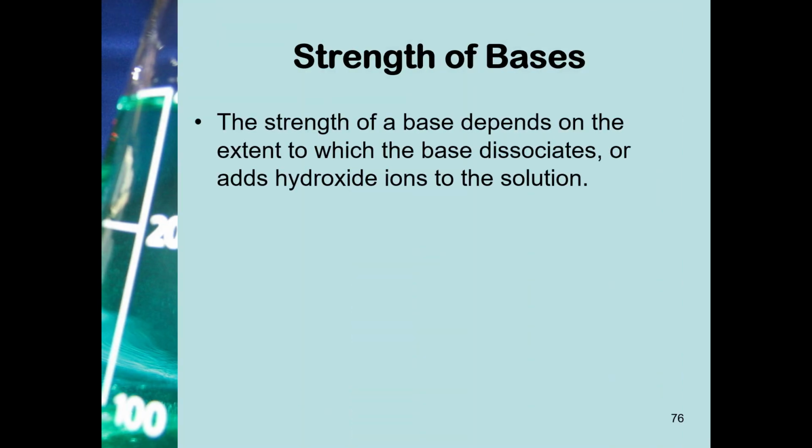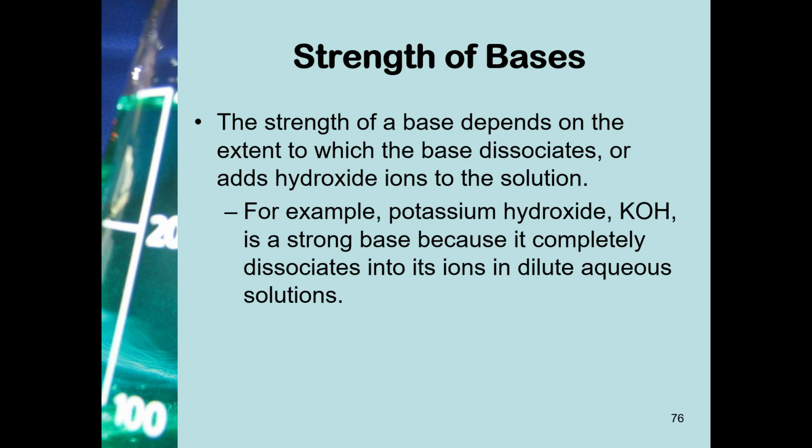The strength of a base then depends on to what extent the base dissociates, or you could say adds hydrogen ions to the solution. So for example, potassium hydroxide, which is KOH, is considered a strong base because it completely dissociates its ions in an aqueous solution.